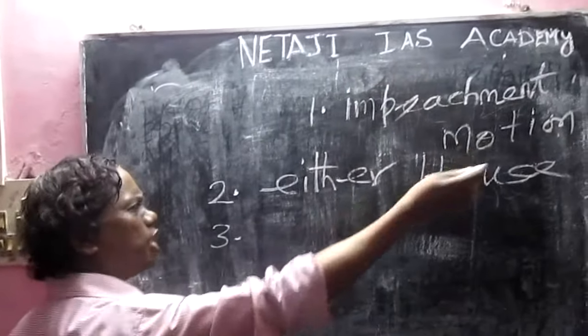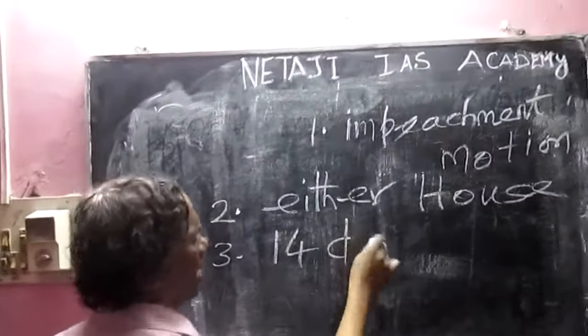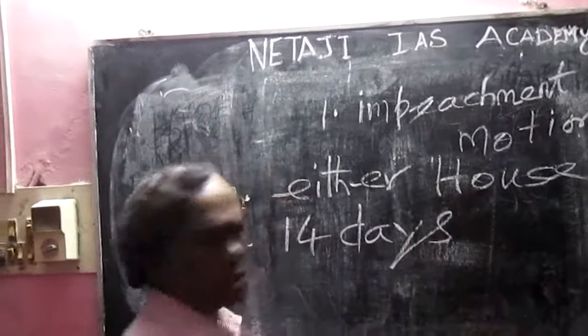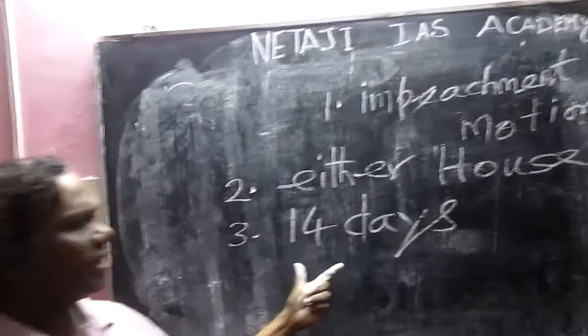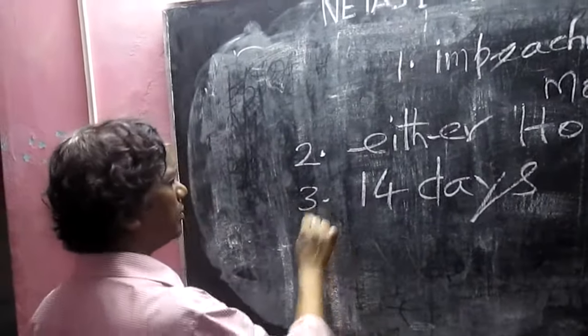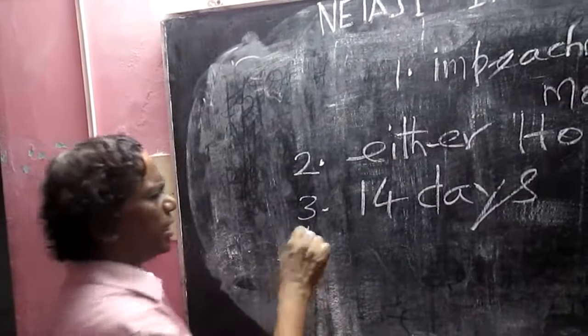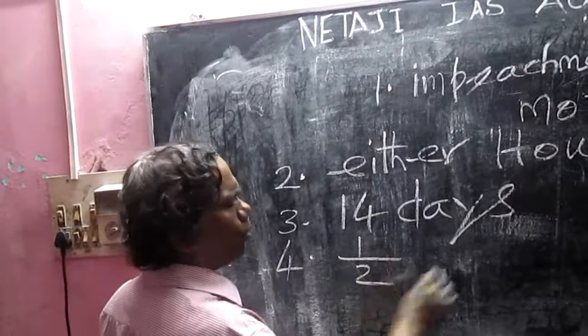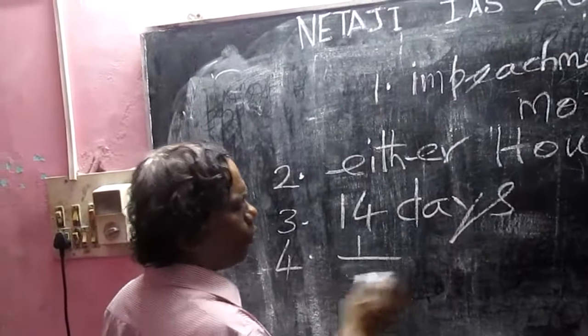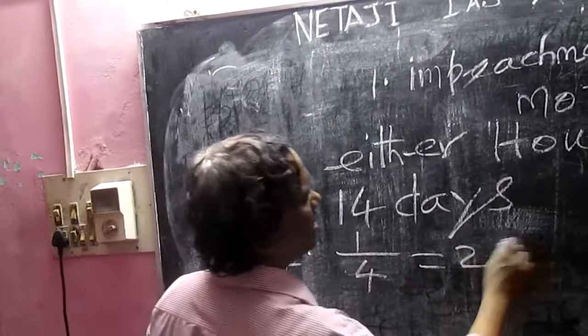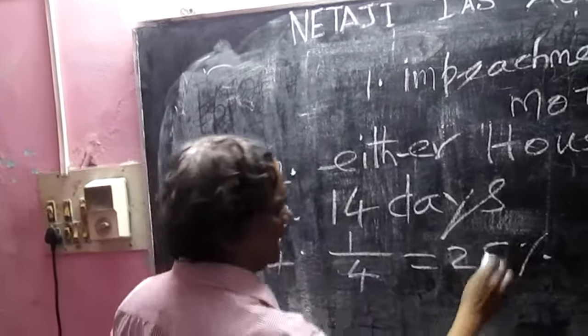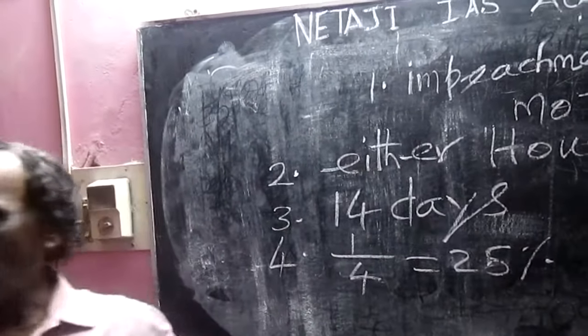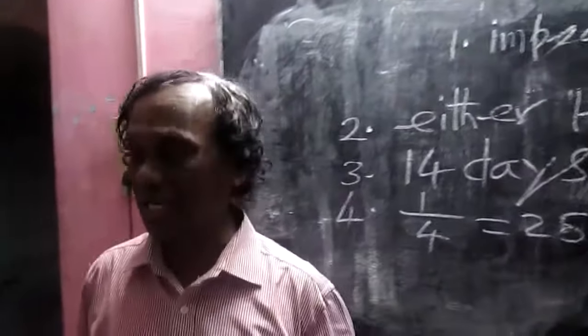It can be introduced only after 14 days advance notice. The notice should be signed by at least 1/4 of the total members of the House.